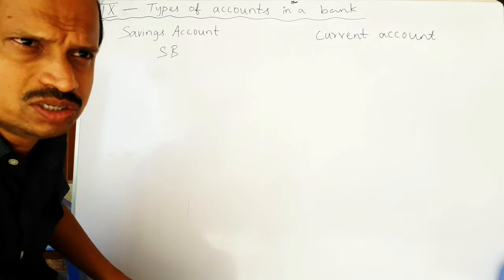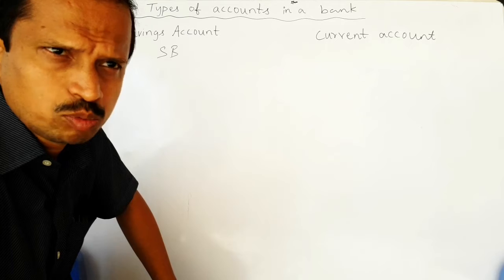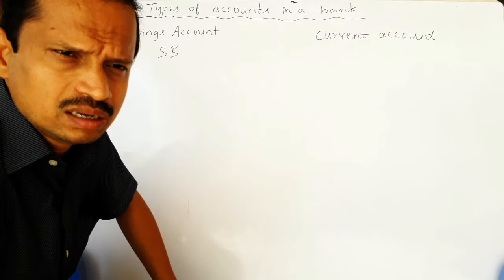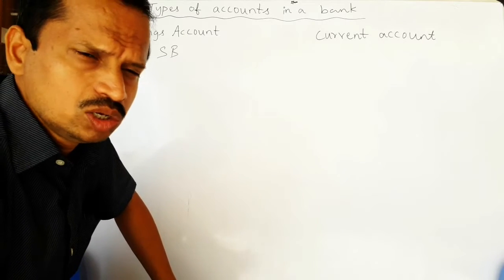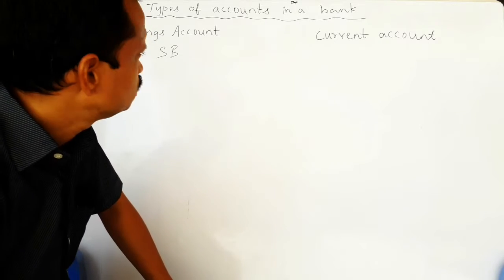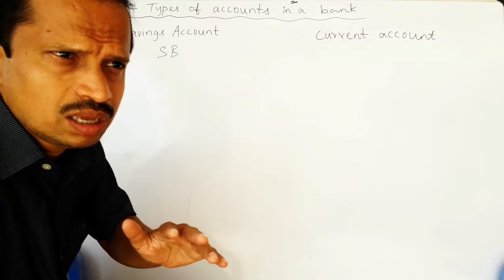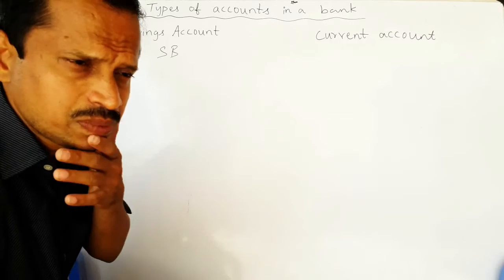What are the facilities, the benefits you get? They will provide an ATM card, and net banking code will be given to you, and you can use it in digital transactions also. Then check leaves, or a check book, will be provided depending on the amount you are depositing.